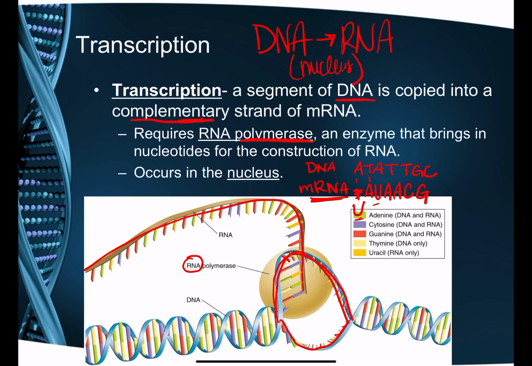Specifically, the gene, the part that has the instructions for making whatever protein we're trying to make. Okay? And so RNA polymerase helps to do that. And then we make that version called mRNA. Again, this is happening in the nucleus because that's where the DNA lives and it never leaves. All right?